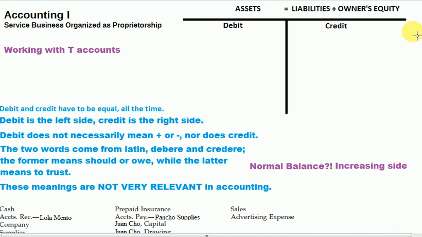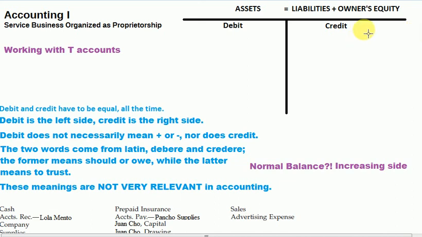However, not everything belongs to the business owner. Why? Because the business may have a lot of liability. In order for the owner to get what really belongs to him, he has to pay off the liabilities to get the owner's equity.